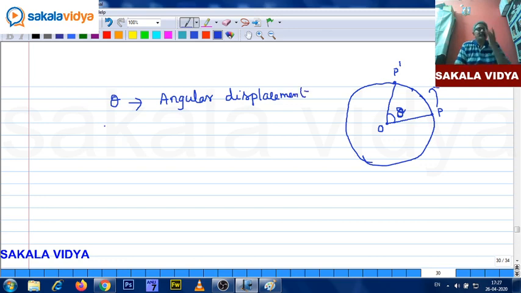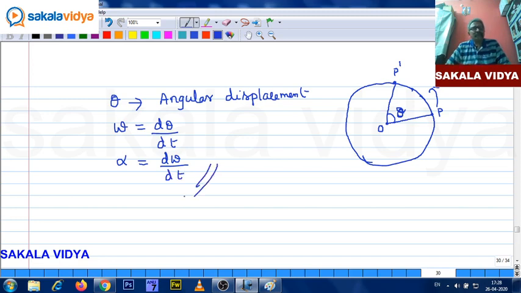If you differentiate it, you get angular velocity, that is omega. Omega is equal to d theta by dt. This again we can differentiate, and you get angular acceleration alpha, that is d omega by dt. Okay, so this is the simple discussion about angular displacement and angular acceleration.